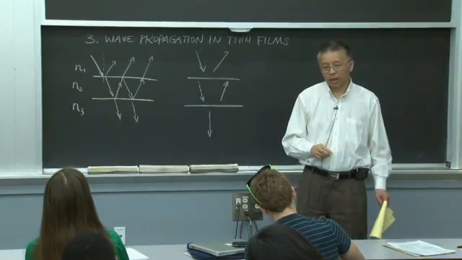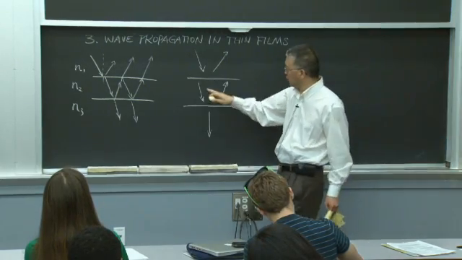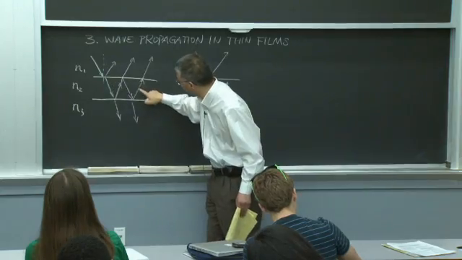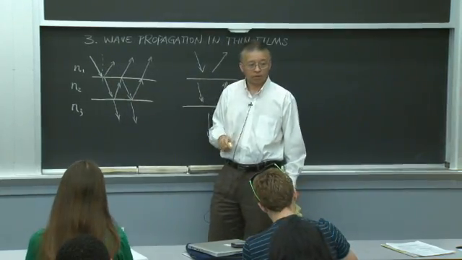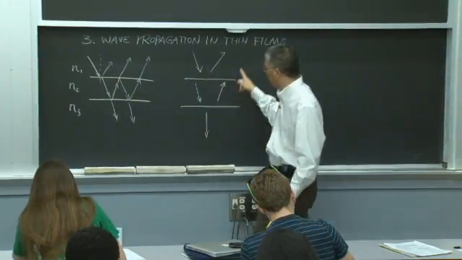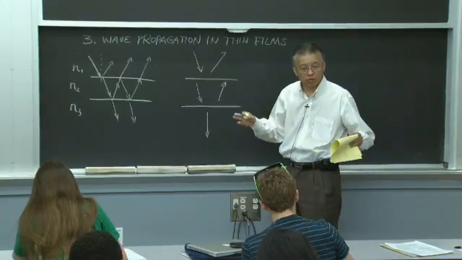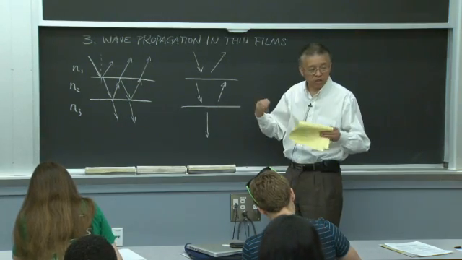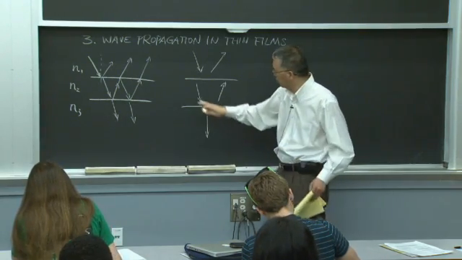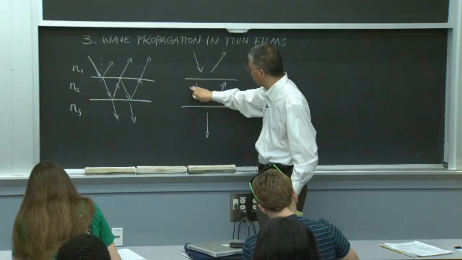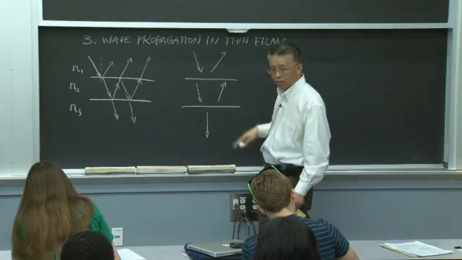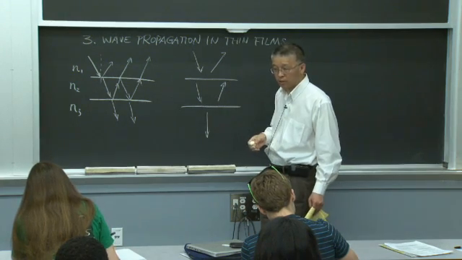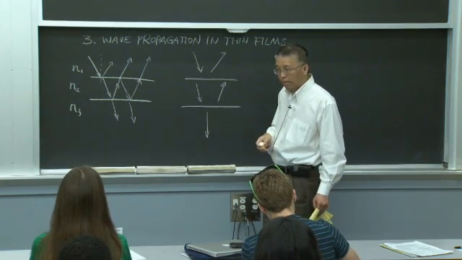In that case, I do not know the relation between this point and this point, because this one is summing up many forward waves, and this one is summing up many backward waves. So I have to use my boundary condition to find the relations among the incident, reflected, forward, backward, and transmitted. So this is another way to do it, using boundary conditions.